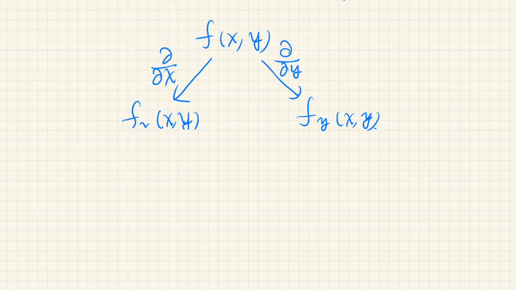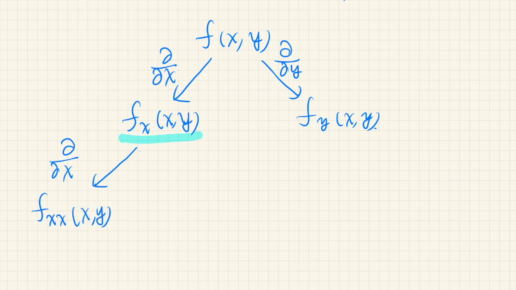And for this first derivative, we can differentiate it again with respect to x. Then we have fxx of xy. So this is a second derivative with respect to x and x.